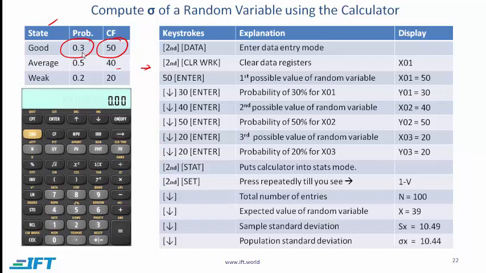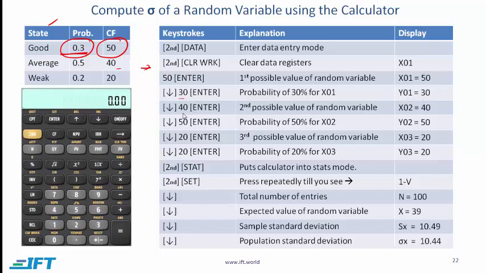The way you can think of this is, we are telling the calculator that for every 100 possible outcomes, 50 would happen 30 times. So this 0.3 is put in as 30%. What you'll see on the calculator is Y01 is equal to 30.